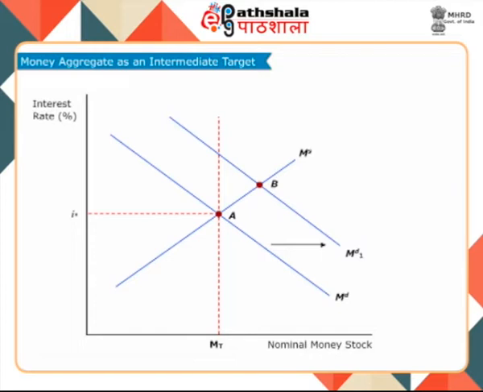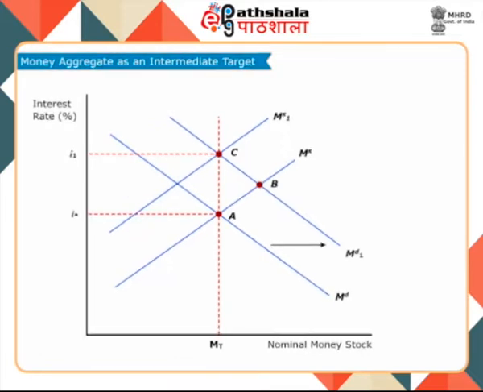However, with an intermediate money target of MT, the RBI reduces the money supply to MS1, shifting equilibrium to point C. This further raises the interest rate but restores the money stock to its target value.